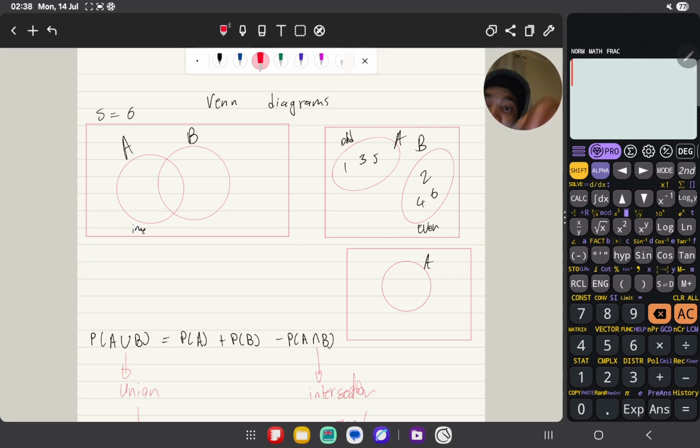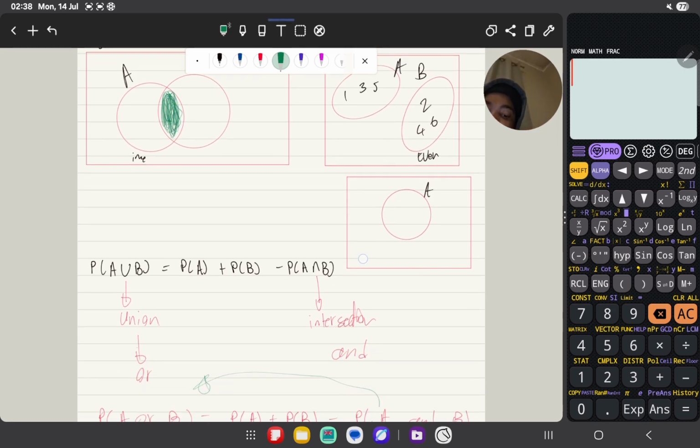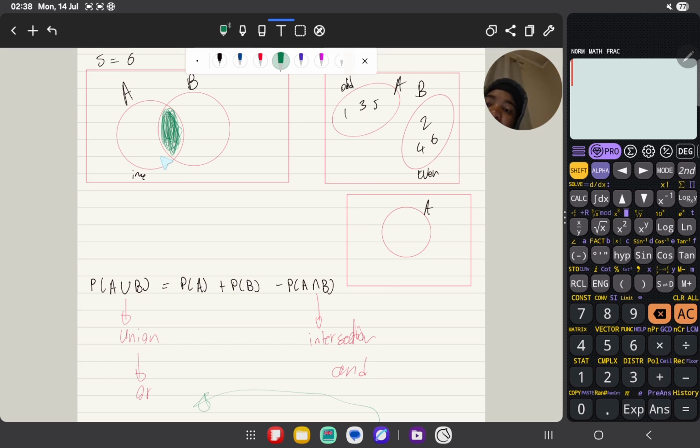So this right here is the "and". When we're talking about the probability of A and B, we are talking about the intersection. And when we talk about "or", we are talking about this.